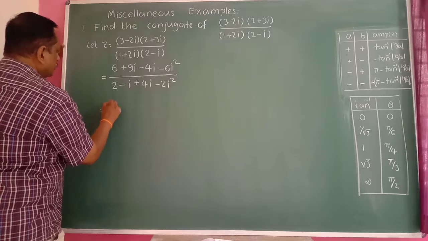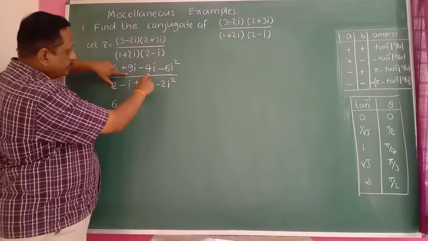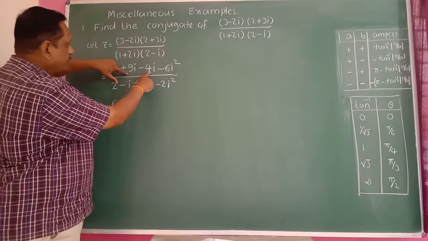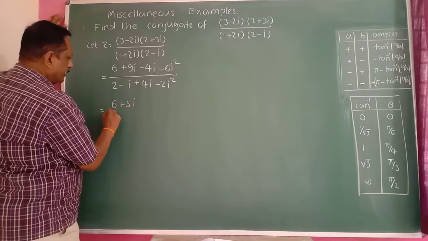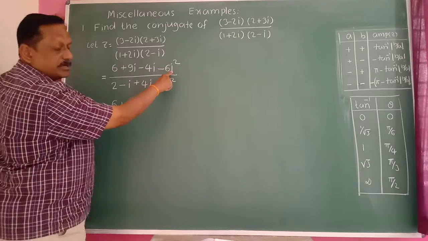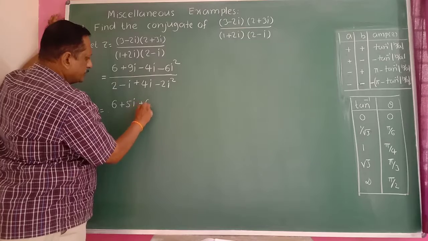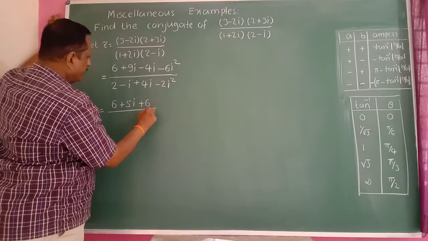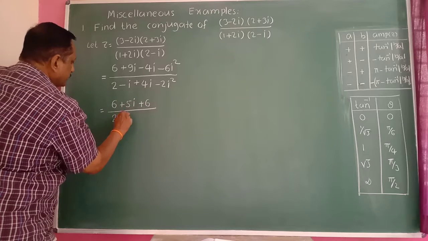Therefore this is equal to, right here 6. 9i minus 4i gives 5i here. So plus 5i divided by, and the minus 6i square, i square is minus 1 here, minus this minus becomes plus here. So plus 6 divided by, write this 2 here, 4i minus i becomes 3i.